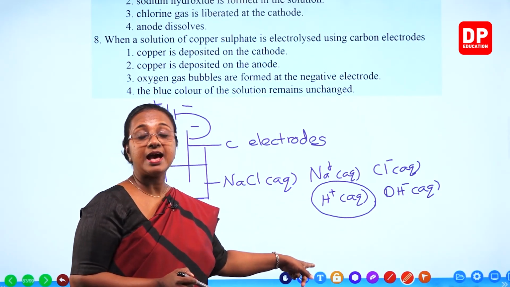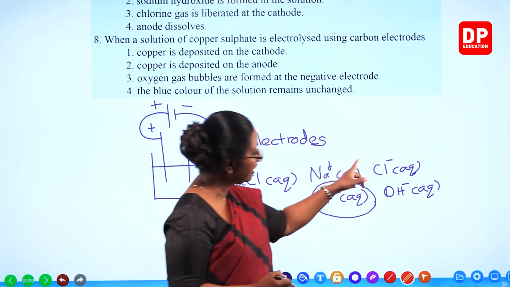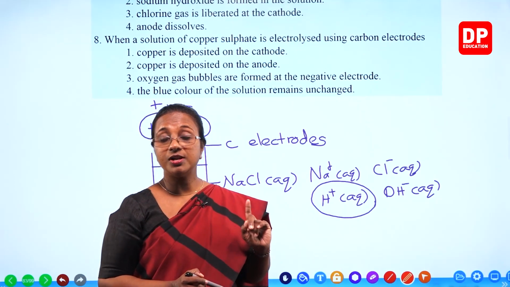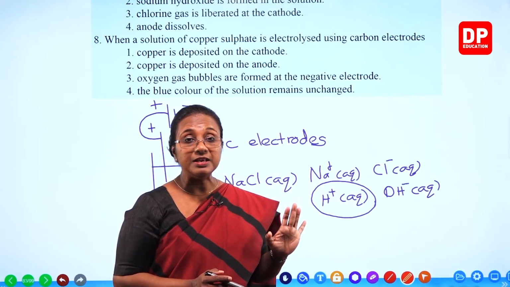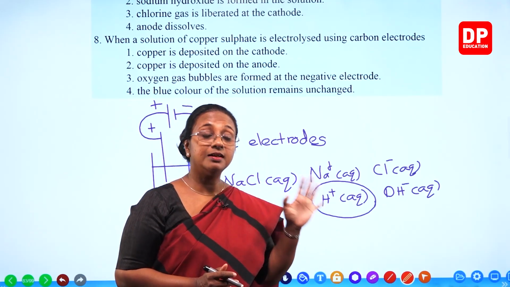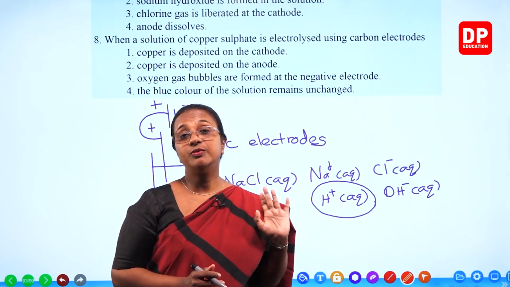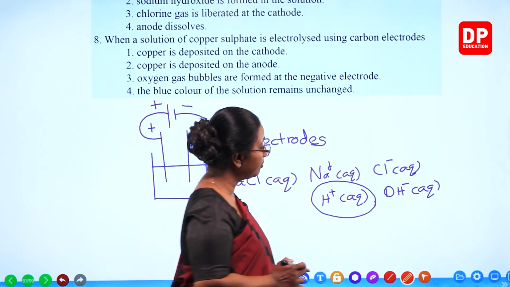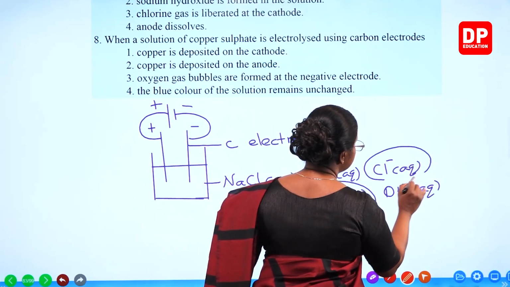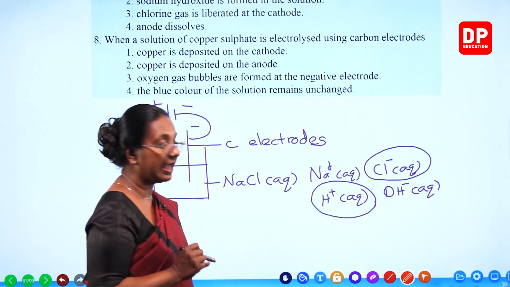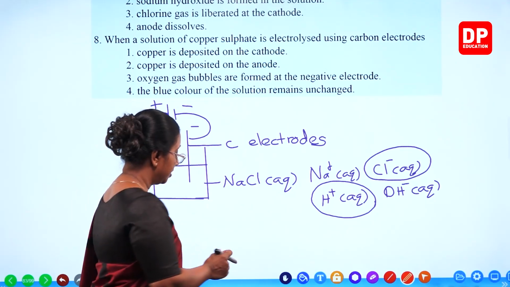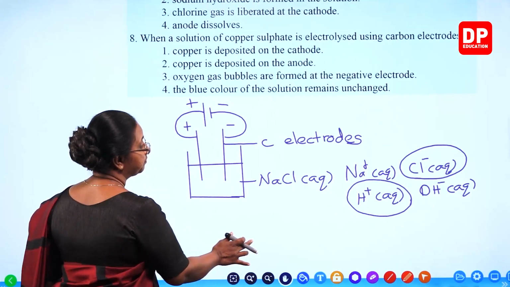You have to consider the activity series there. But when it comes to negative ions, I told you all this before, students, there are many factors that affect which negative ion gets oxidized. We are not going into any of those details, so you have to remember that it is the Cl- ion that will get oxidized.